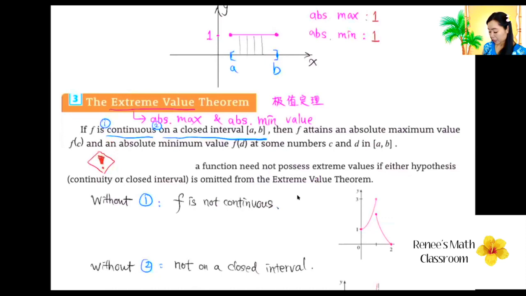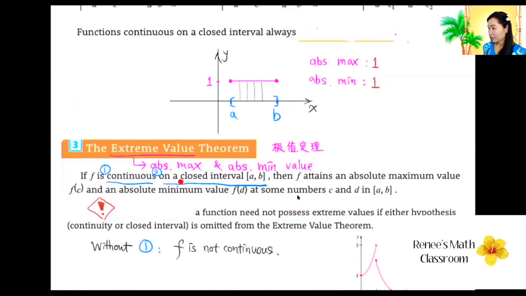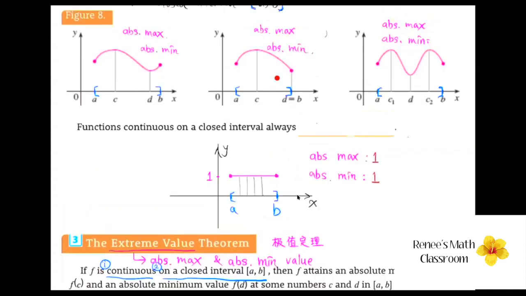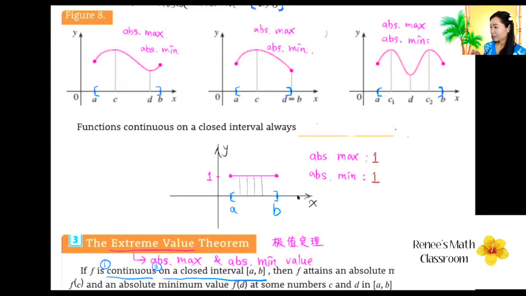If the function is continuous on a closed interval, then the function attains an absolute max and an absolute min somewhere inside that closed interval.